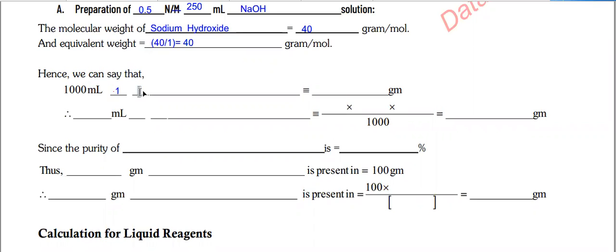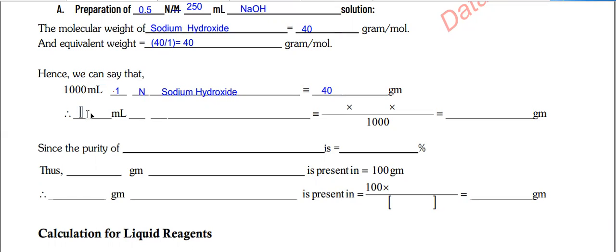This will contain another term, 1 normal, and this is another underline. This underline will contain another particular thing. This is sodium hydroxide is equivalent to 40 gram.